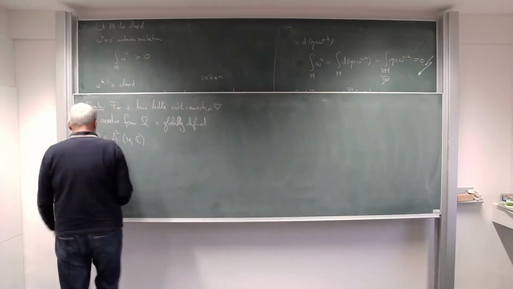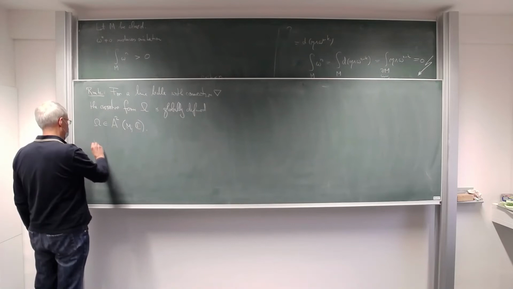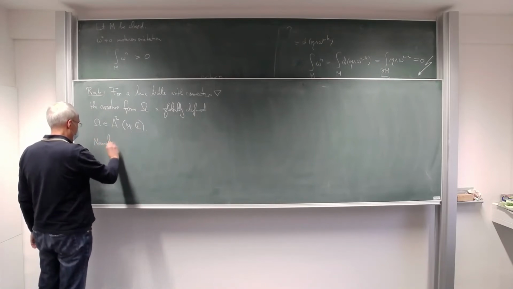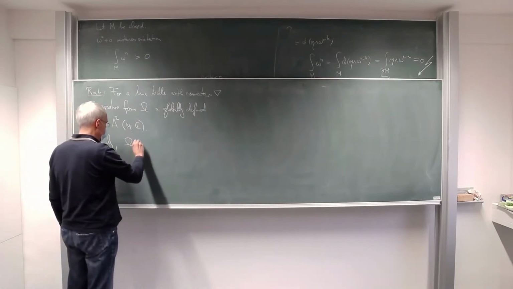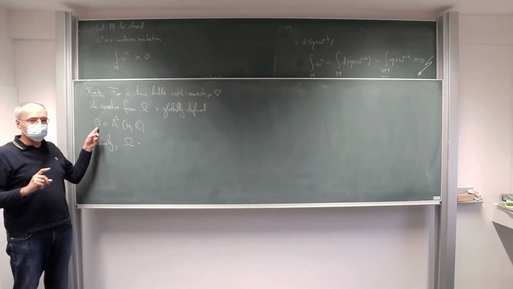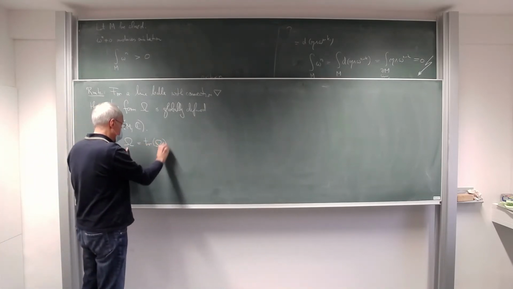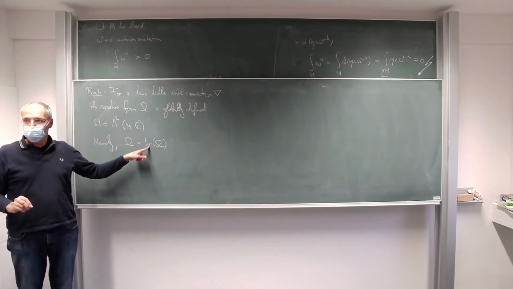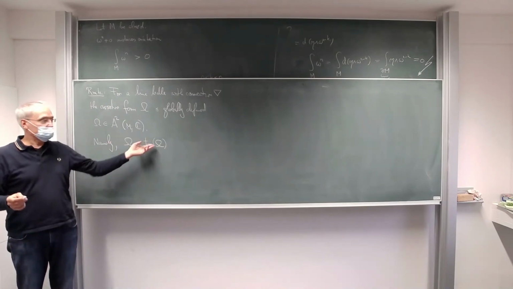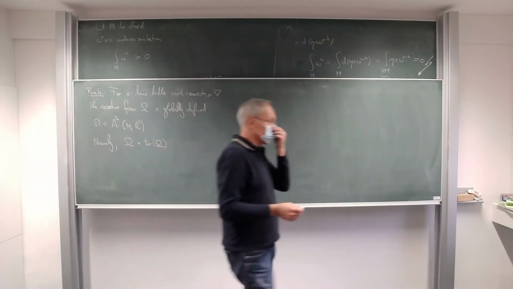One argument could be: the bundle is of rank 1, so here we are talking about 1 by 1 matrices. And trace is an invariant polynomial. And whenever you apply an invariant polynomial to your curvature matrix, you get something globally defined.